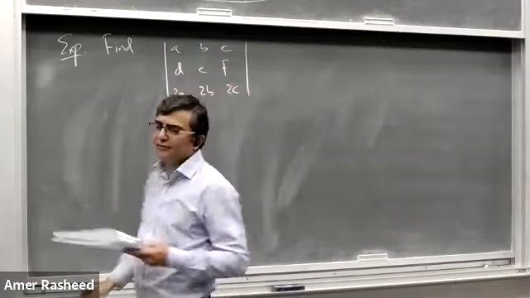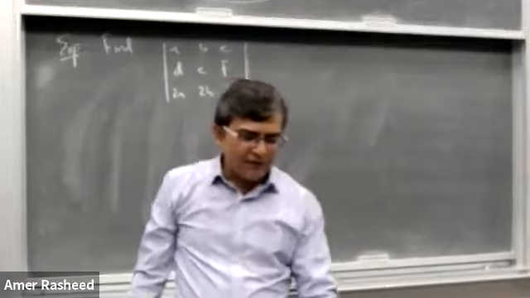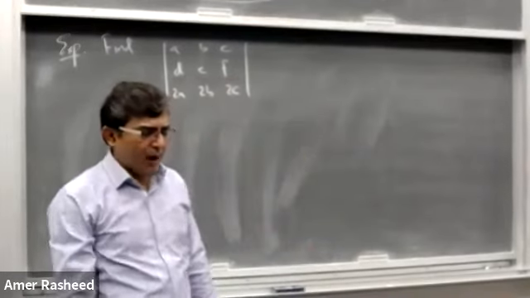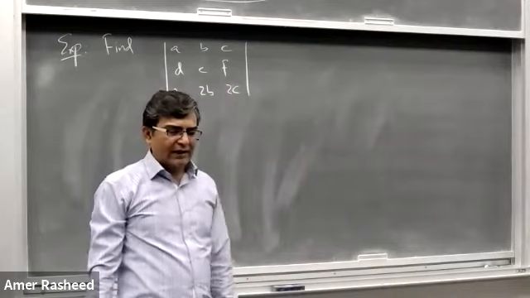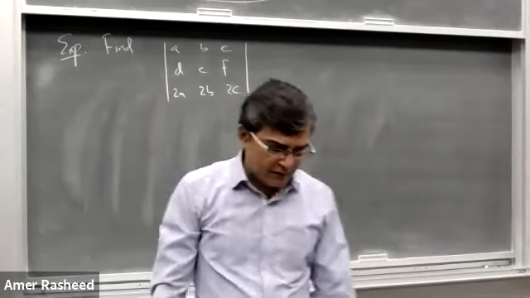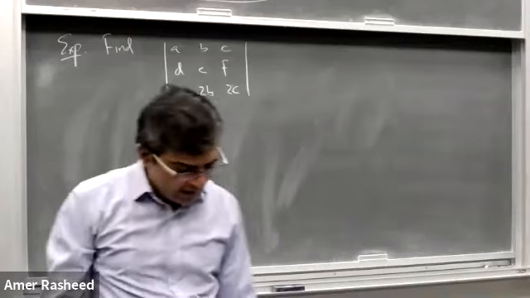So what would be the value of this determinant? You have to keep all the properties of the determinant in your mind so that you can quickly find the determinant of any matrix. So anyone, tell me what would be the value of this determinant?